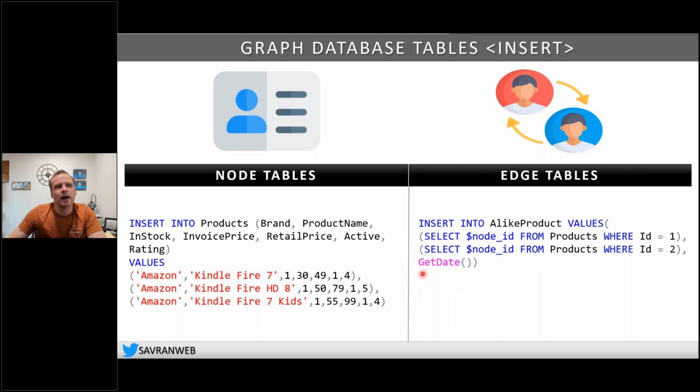And since I was trying to track when I'm creating this data, I'm just passing the current date here. That's a data column in the alike product table. This makes the relation between Kindle Fire 7 and Kindle Fire HD8, and I'm putting them in the alike product table. So there's a relation between them.